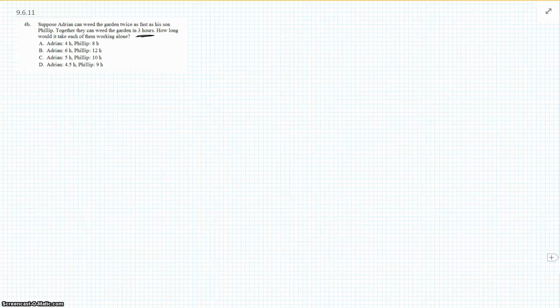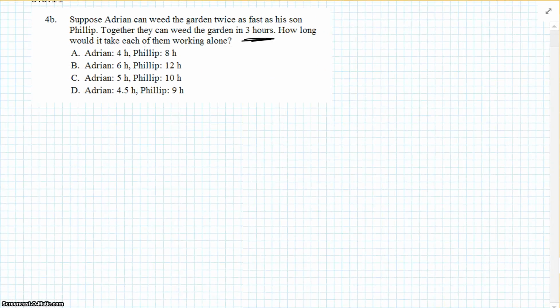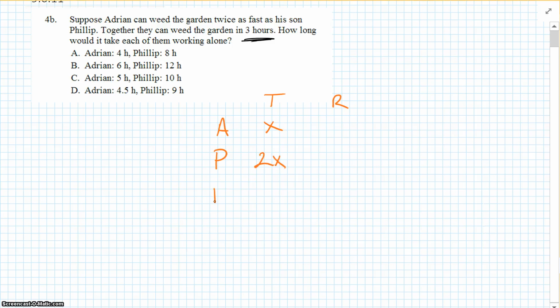Okay, last example. Suppose Adrian can weed the garden, so he can do x, twice as fast as his son Philip, so his time's 2x. Together, in 3 hours, they can weed one garden, so the rate together is 1 over 3. The rate of Adrian would be 1 over x, and the rate of Philip would be 1 over 2x.